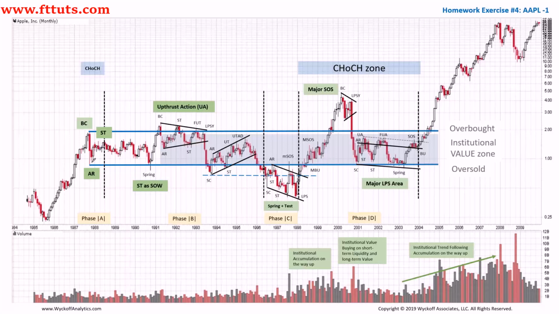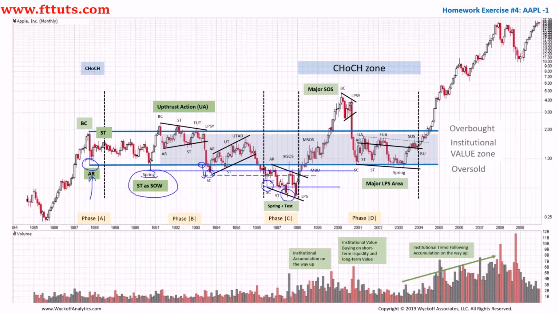So where are the levels of the support? First level of the support belongs to the automatic reaction. The second one belongs to the secondary test as a sign of weakness or a localized sprint. So we're already thinking that if price goes down below this level, this is our oversold condition and not necessarily this one, the upper one. So with this logic, here is another one, here is another one. So it gradually goes down.